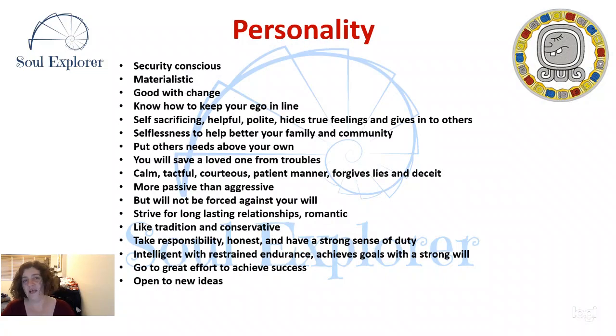Right, personality. Very, very security conscious, materialistic. Most definitely, you do like your designer labels and looking good in front of other people. So if you're a successful manager, which many transformation death signs are, they'll have the nice car and the designer clothes and things like that.